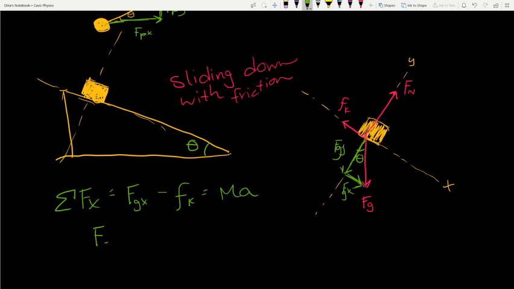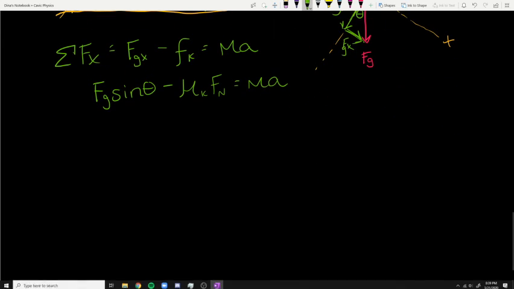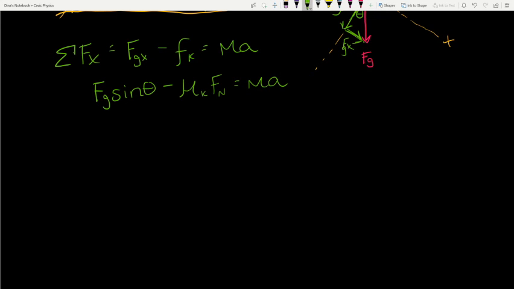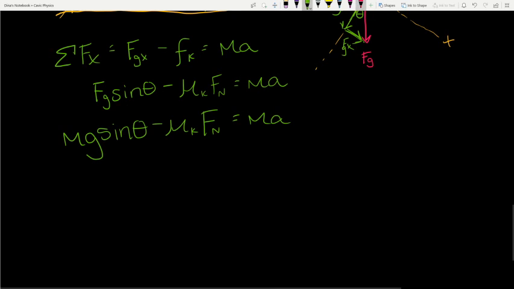So it's going to be Fg sine theta minus the force of friction, which is mu times the normal force, equals ma. I'm going to simplify one more way: the force of gravity is equal to mass times the acceleration of gravity, so mg sine theta minus mu k, the coefficient of friction, times the normal force equals ma. That is as simplified as we can go with our x direction.